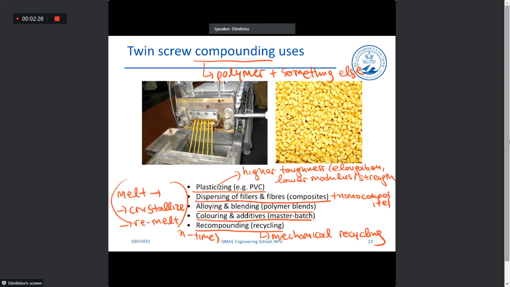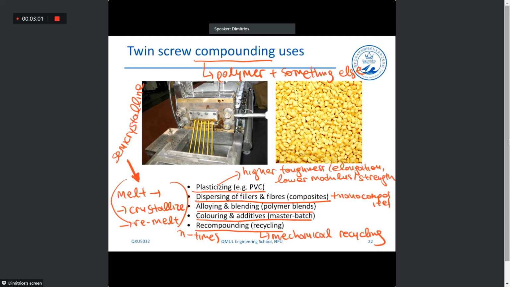And we said that the most characteristic, the most obvious materials that are used with an extruder are semi-crystalline materials, okay? Why is that? Because for the crystalline regions, we can melt them, crystallize them, and remelt them as many times as we want, without any obvious differences in their ultimate properties, okay?